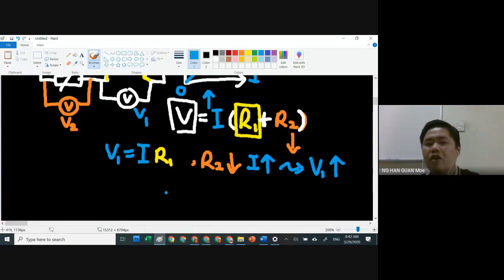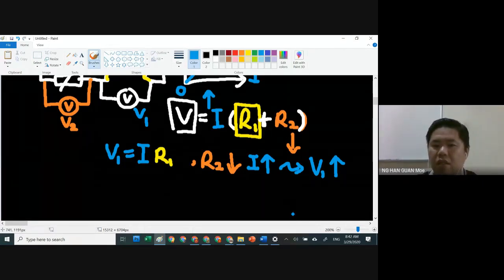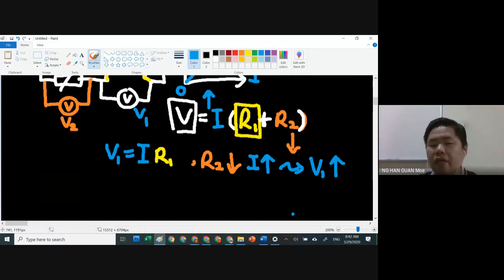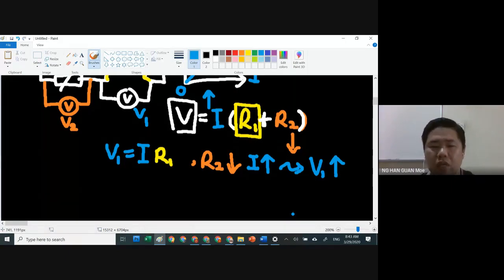That is the Ohm's law result: the higher the I, the higher the V when the resistance is constant. According to the experiment that we conducted, we need the rheostat so that we can vary the current. We use it to increase the current. Then the current will respond on the potential difference across the resistor wire, so it makes the V1 across it also increase. This is what we learned in Ohm's law.